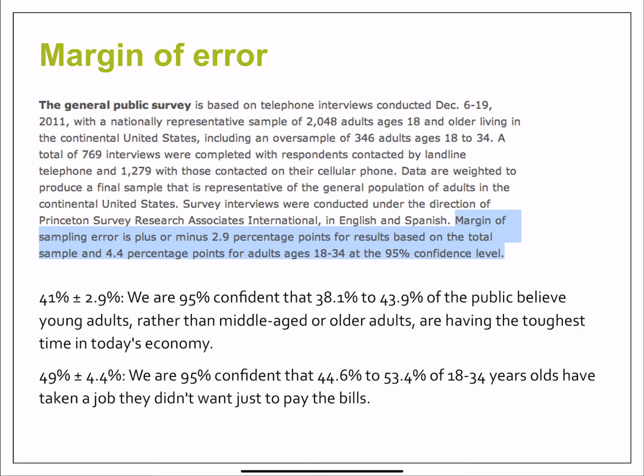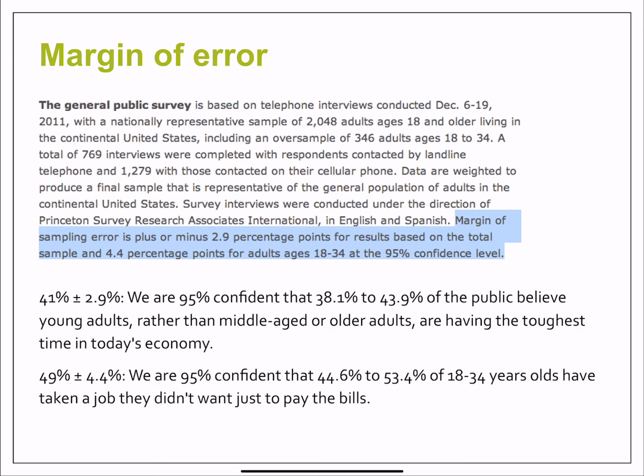The general public survey is based on telephone interviews conducted December 6th through 19th, 2011, with a nationally representative sample of 2,048 adults ages 18 and older living in the continental United States, including an oversample of 346 adults aged 18 through 34.